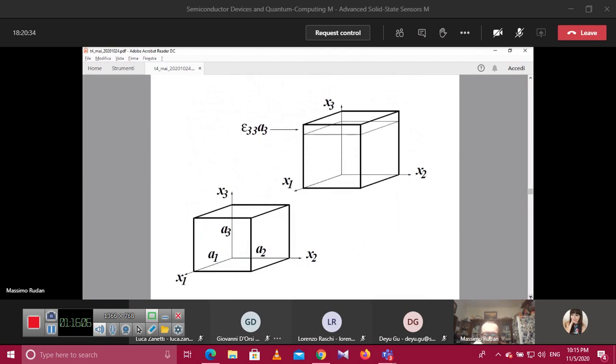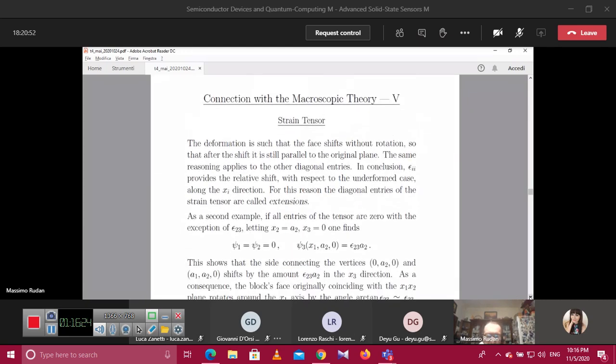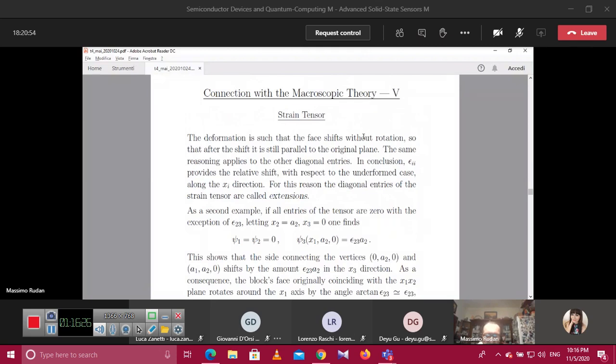It's like somebody is pulling the upper face upwards. Okay, the deformation will be epsilon 33 times A3, okay? There will be no rotation of the upper face and no rotation also of the other face. So the upper face will still be parallel to the original plane, okay?